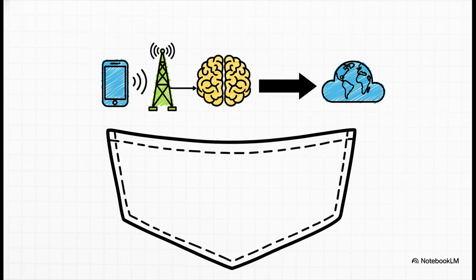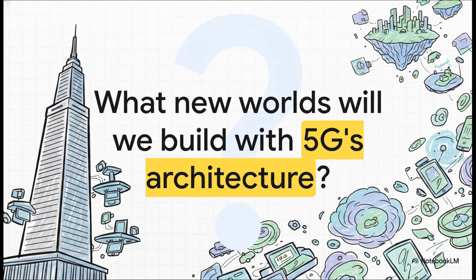And together, they created the fast, reliable, all-IP system that truly put the internet in all of our pockets. If you think about it, the architecture of 4G allowed us to build this incredible skyscraper of the modern mobile app world. So that leaves us with one last really exciting question. With the even more powerful and flexible architecture of 5G, what entirely new world are we about to build next?